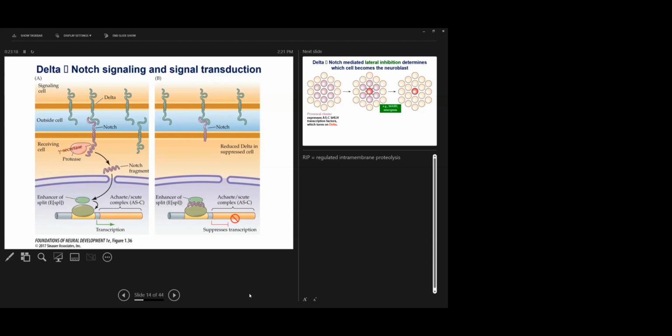Because of reduced expression of Delta, the other round of binding will not happen, because this complex is not free. It remains bound to the promoter, so you have suppression of transcription of this complex. So you do not have expression of the proneural genes, and that's why you do not have specification of the genes required for neuron development in Drosophila.